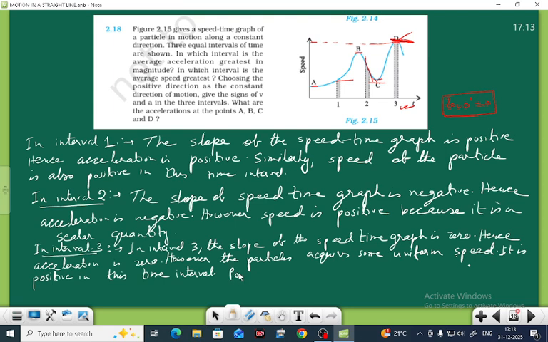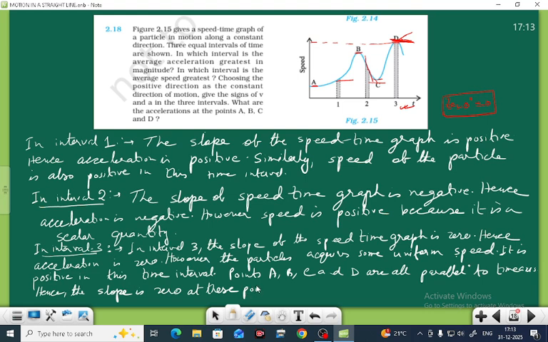Points A, B, C and D are all parallel to the time axis. Hence the slope is 0 at these points.